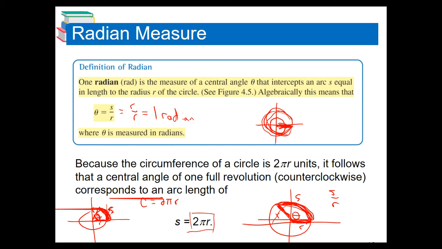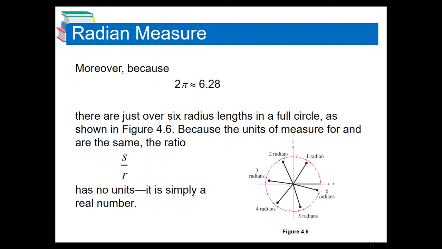Because the circumference of a circle is 2 pi R units, it follows that a central angle of 1 full revolution corresponds to an arc length of 2 pi R. If that doesn't make a lot of sense to you, we're going to use it as we move forward. Moreover, 2 times the estimation of 3.14 equals 6.28.